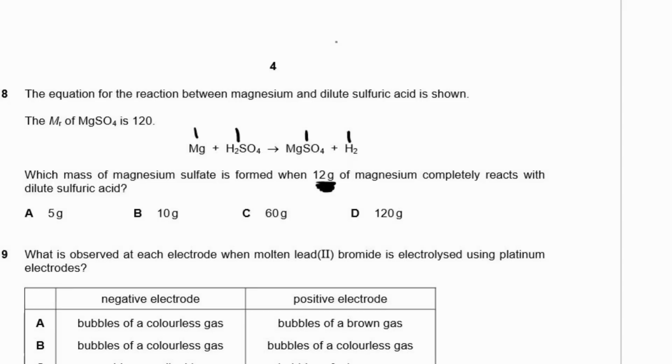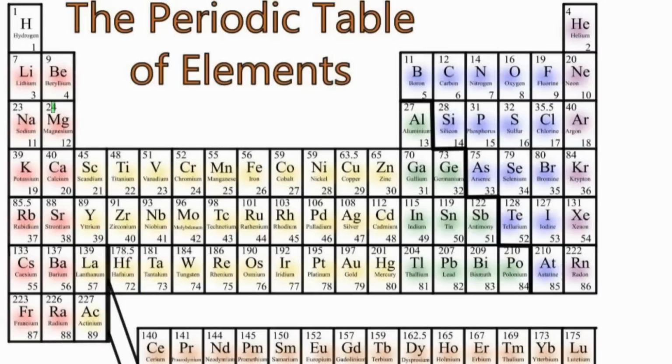So, change this into moles. Moles equals mass over the relative molecular mass. That equals 12 grams, as it says, of magnesium. All right, so now we look up what magnesium is. Magnesium has a molecular mass of 24.